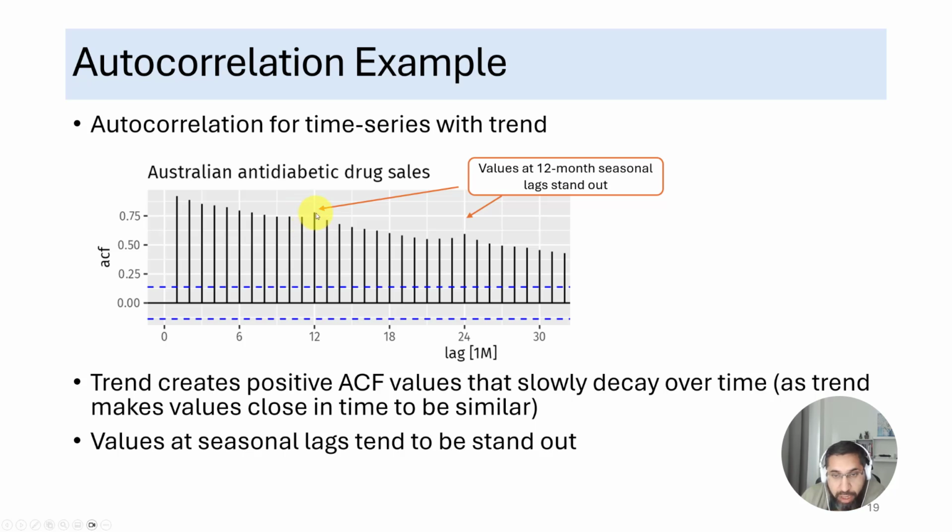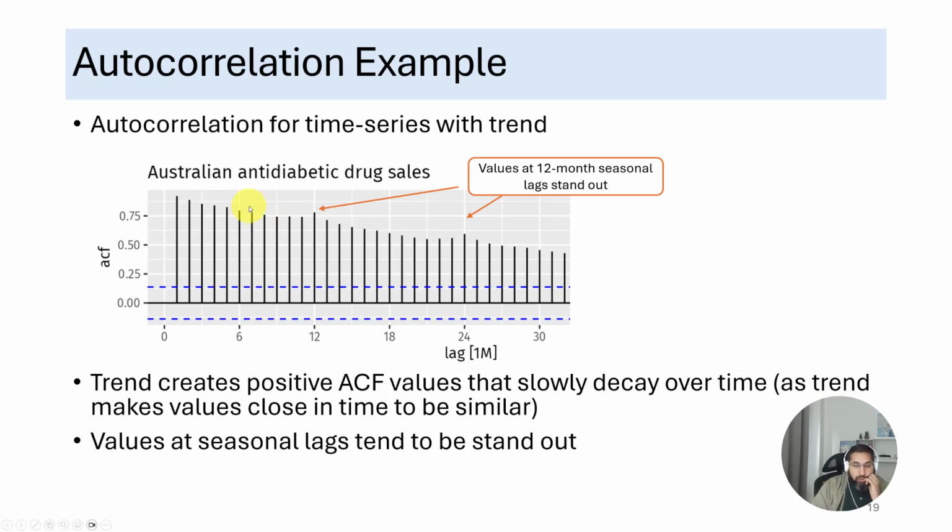So here we see a spike, which is compared to the values next to it, a little bit higher, and we would expect a similar spike at 2M. If M is 12, 2M is 24. So we go to 24, we see at the lag of 24, the value is higher than the values around it. And so this is evidence of seasonality. Every M lags, you see a little bit of a spike in the autocorrelation function.